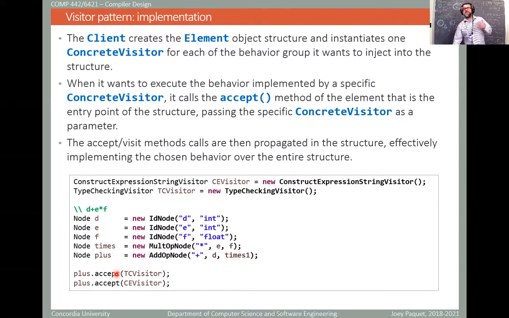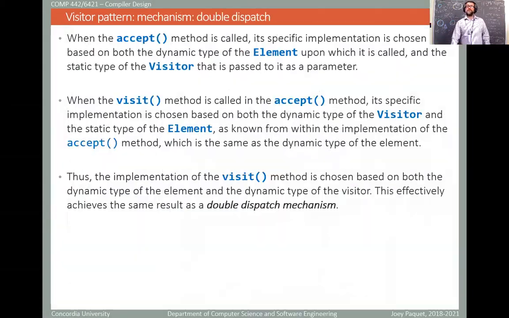And then once this is finished, I call accept again on this tree. This tree will be retraversed again with another kind of visitor. And in this other kind of visitor, there are other implementations for visit, so that when it traverses the tree in the same way, it will execute different semantic actions, totally unrelated to the previous execution of the previous visitor.